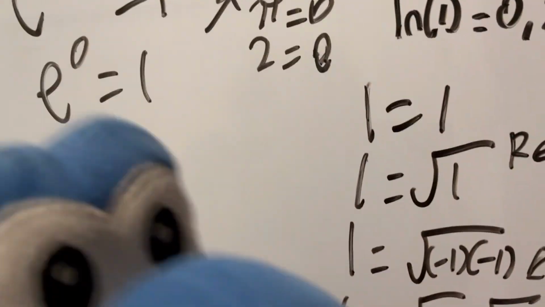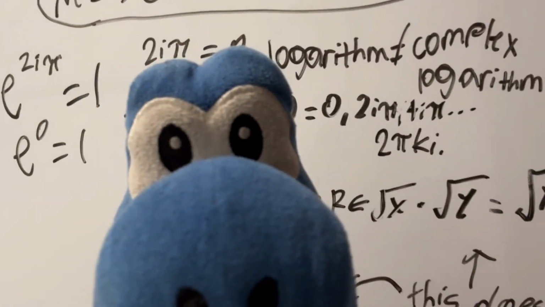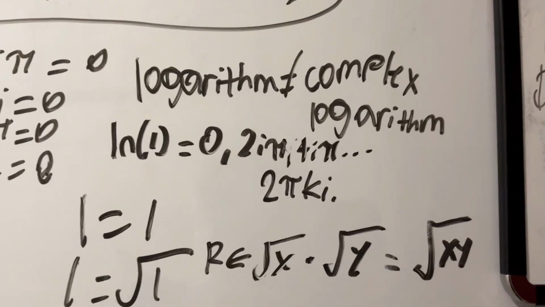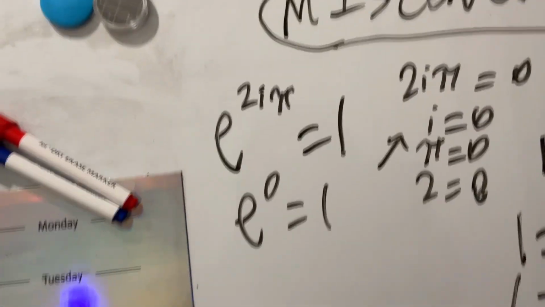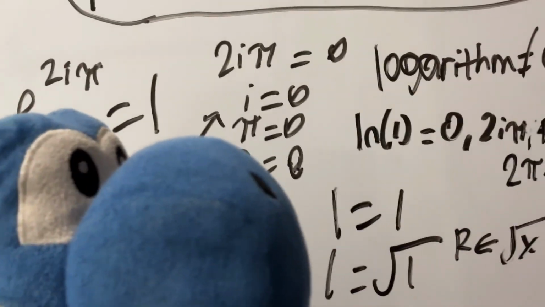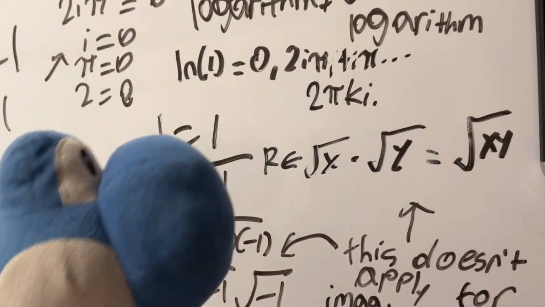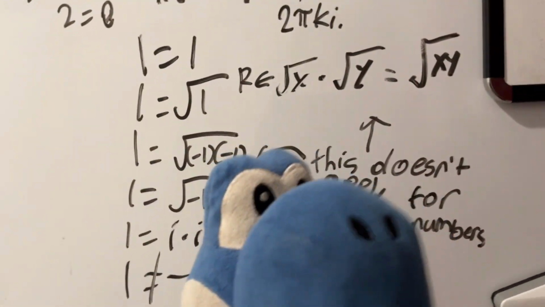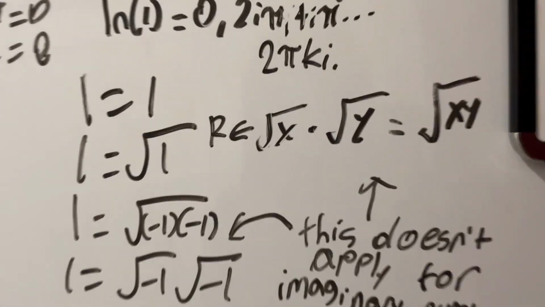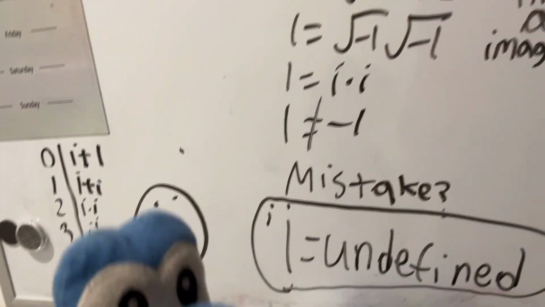Well, the answer is no. Because the logarithm and complex logarithm aren't the same. These are not the same number, they're just multiple solutions. In the natural log of 1, if we're talking about real numbers exclusively, it's just 0, but it can also be 2i pi, 4i pi for the complex numbers. It's any 2 pi ki, where k is any integer.